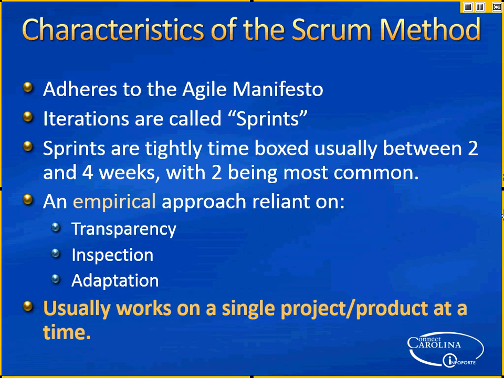Customer collaboration, which is part of the adaptability, right? Over contract negotiation. So again, contract negotiation is important, but the focus is on customer collaboration. Individuals and interactions within the team and with the customer over processes and tools, right?